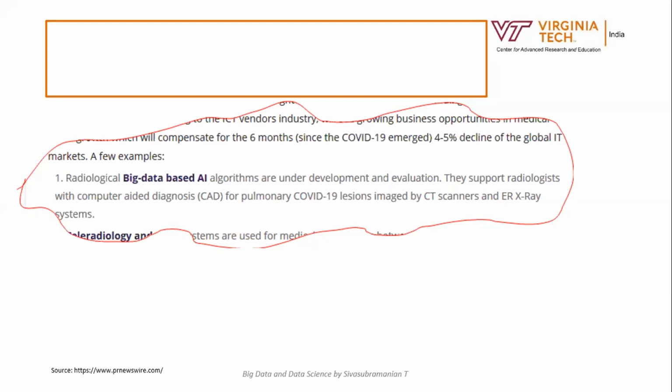Radiological big data and AI algorithms, which are under development and evaluation, are going to help the radiologist quickly look at the MRI image of a patient or a suspected person's lung image. Instead of a human making an interpretation by looking at the image, the AI will be able to give more precise information whether the person is infected with COVID or not, as well as what is the level of infection. So that is one use case of big data.